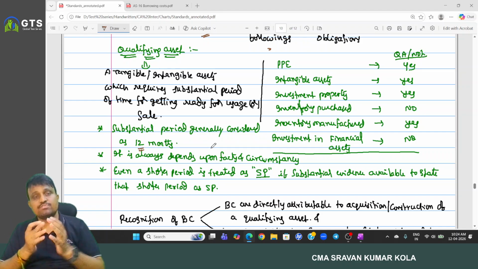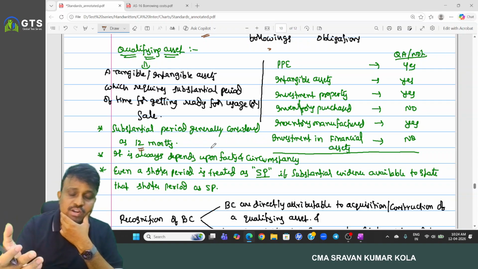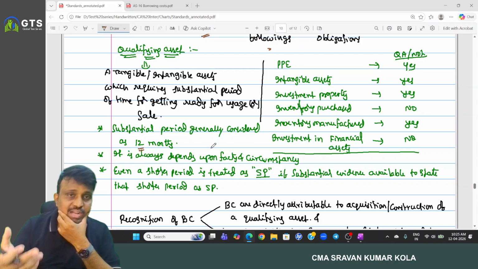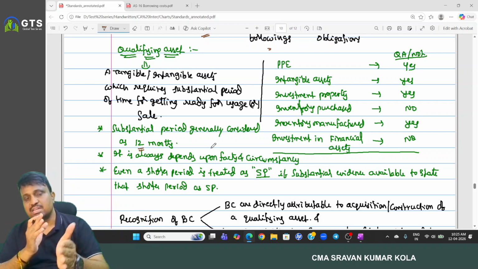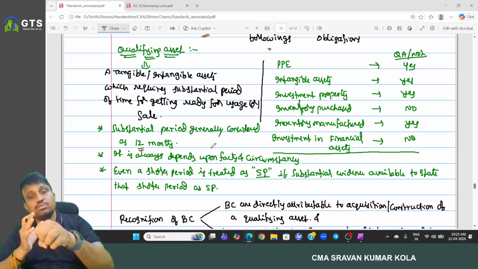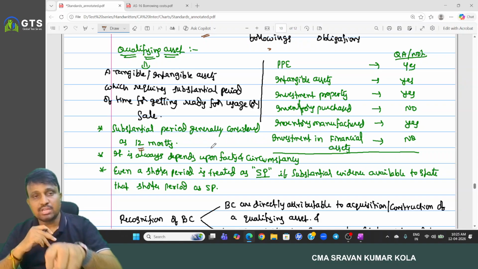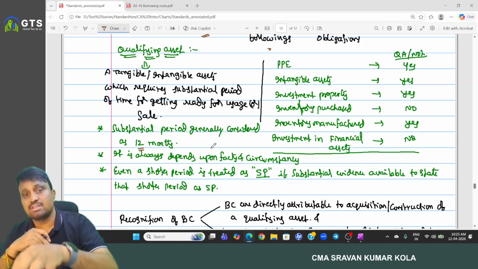For example, I enter into a contract with a party, and that party promised to construct the complete building in 15 months. He started, and after completion of 2 months he got a new technology. Due to implementation of the new technology, the construction was over within 8 or 9 months.